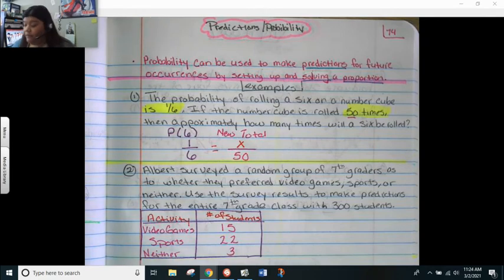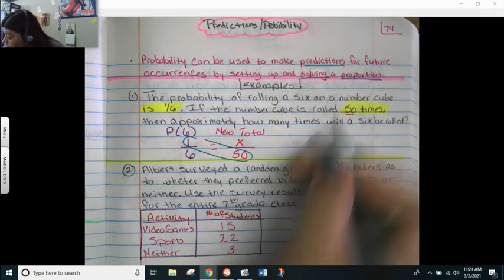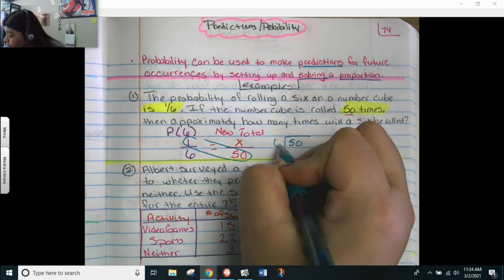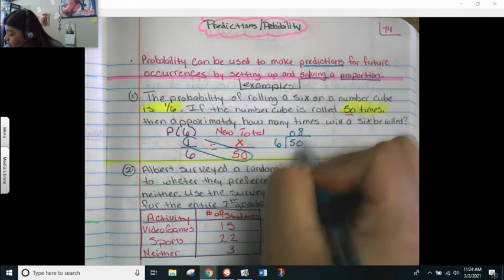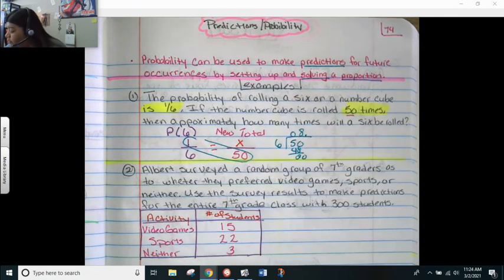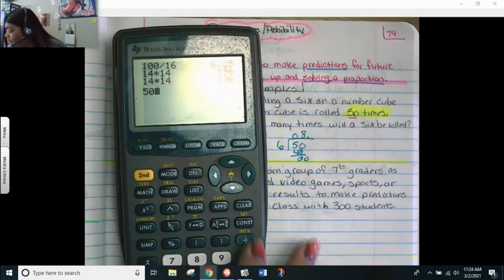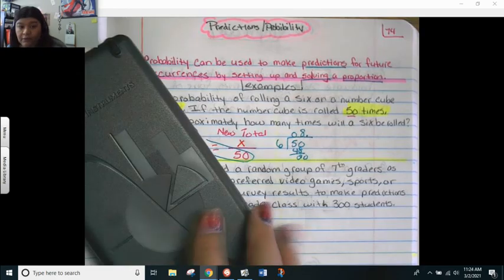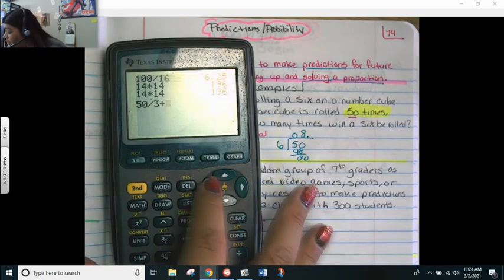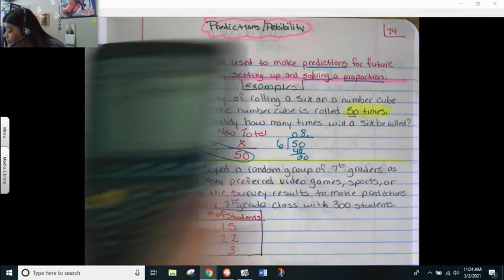If you remember how to solve these, we're going to cross multiply. So 1 times 50, and then divide that by 6. I ran out of space, so I'm going to put it here so you can see it. 50 divided by 6 is 8.3.